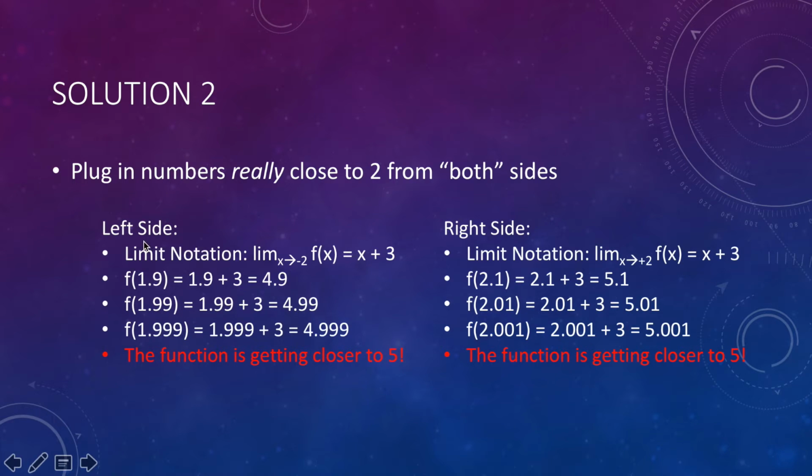So that's what we mean by left. And 2.1, 2.01, 2.001, they're all greater than 2. That's what we mean by right. So from both sides, the function approaches 5. And if that's true, then we can actually just say that the answer is 5.